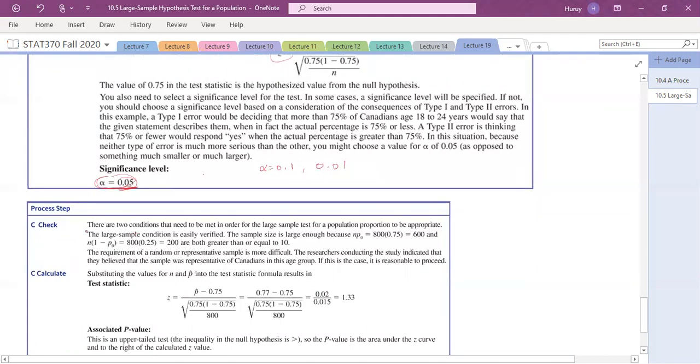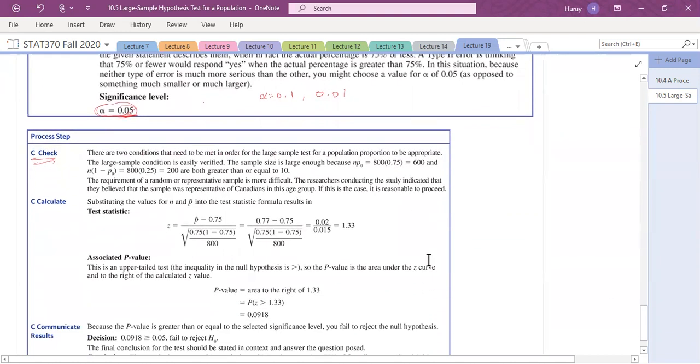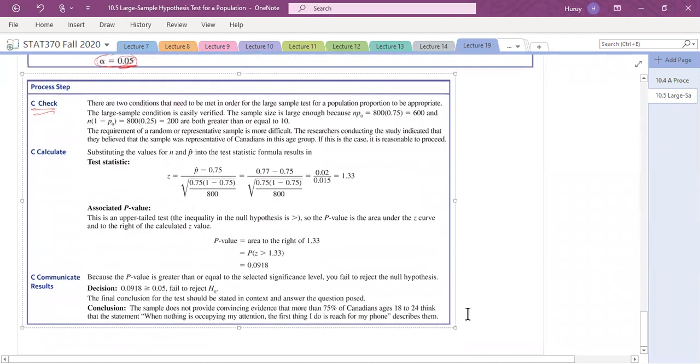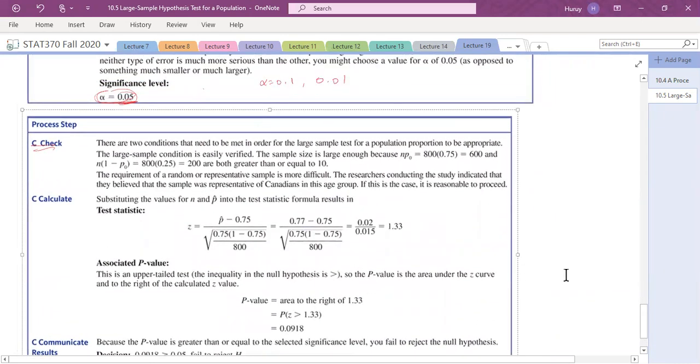Now we need to check the conditions. So the two conditions that need to be met in order for the large sample test for a population proportion to be appropriate are, let me make this one a bit larger. One is the sample size has to be large.